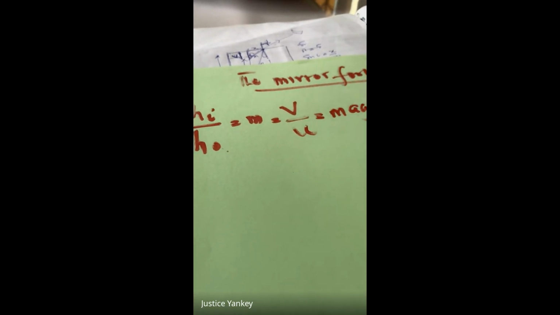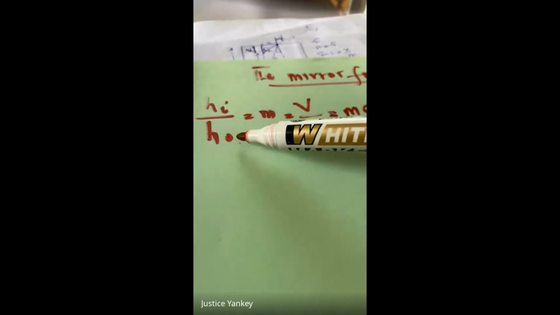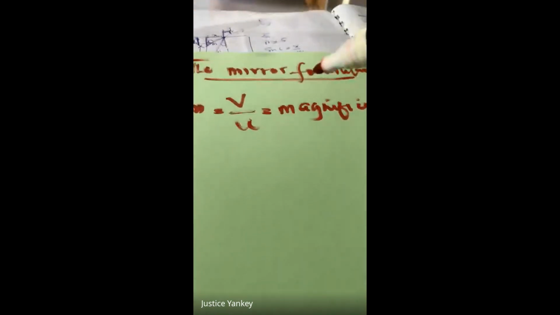When the magnification is 1, it means the image size is the same as the object size. There's no magnification. This type of magnification, in which we are comparing the height of the image to the height of the object, is called lateral magnification.